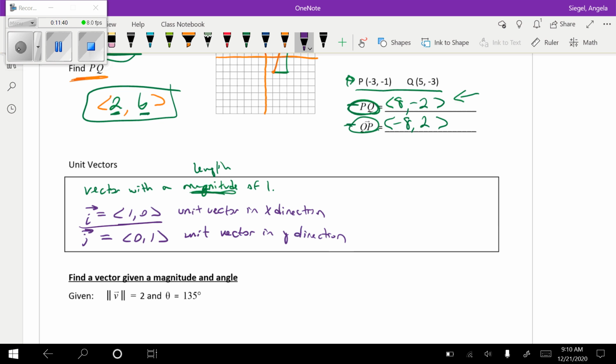The I represents the unit vector in the X direction, and the J represents the unit vector in the Y direction. And so these come up a lot. We're going to do a lot more with them in future lessons, but I just want to introduce them right now.